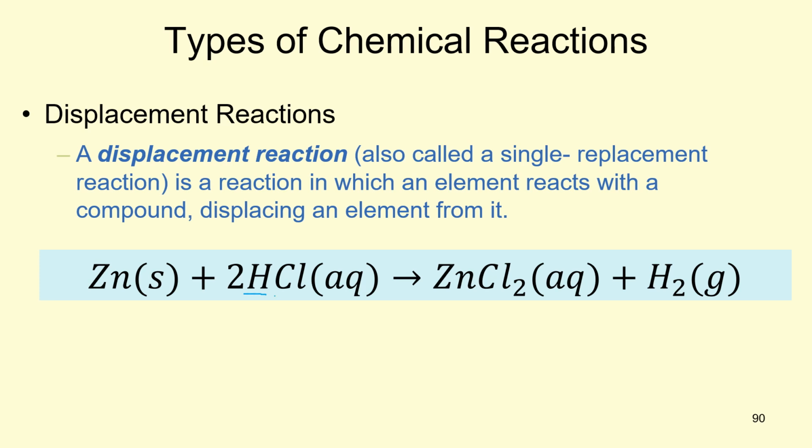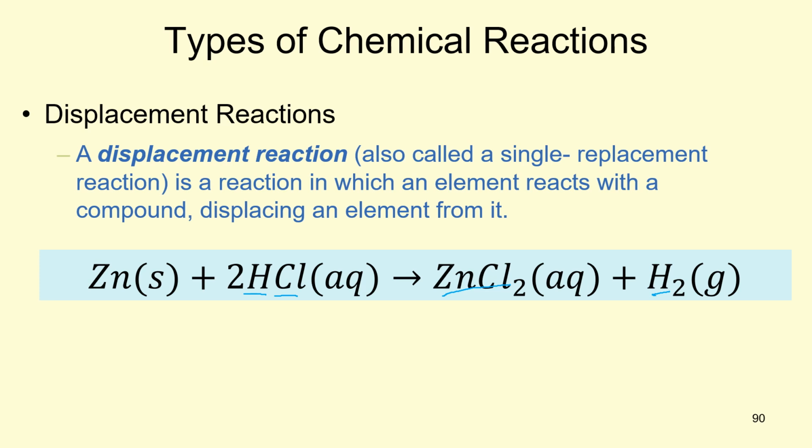Here you have hydrogen and chlorine together. Now the zinc has replaced the H and become zinc chloride. So the zinc is now paired up with the chlorine and now H is by itself. So an element replaces another element in a compound and then the element is by itself. So this is a single replacement or single displacement.